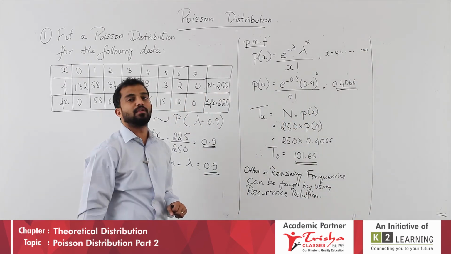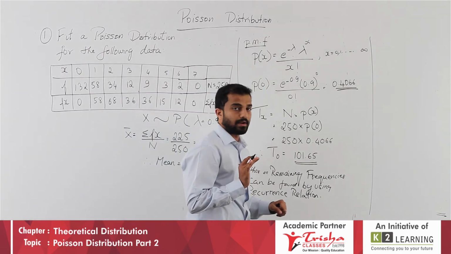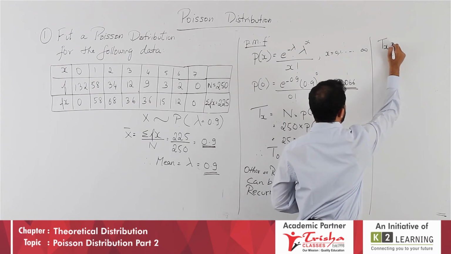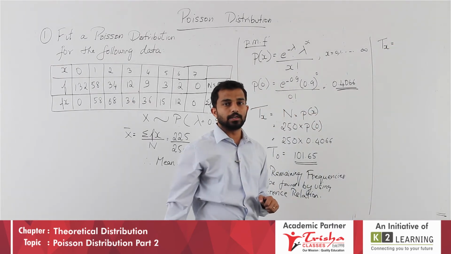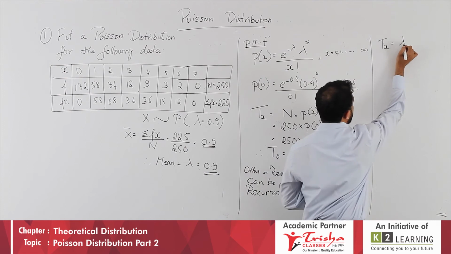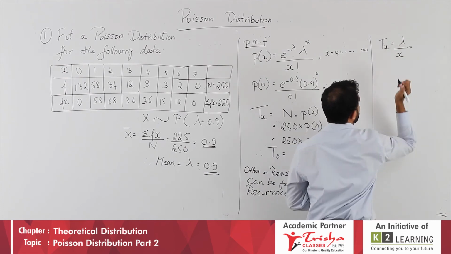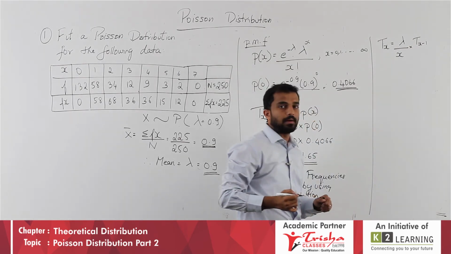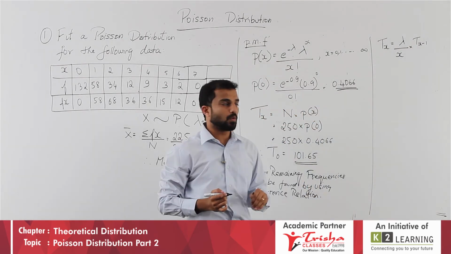What is the formula for recurrence relation? The formula for recurrence relation says T of x is equal to lambda by x into T of x minus 1, that is nothing but the previous frequency.